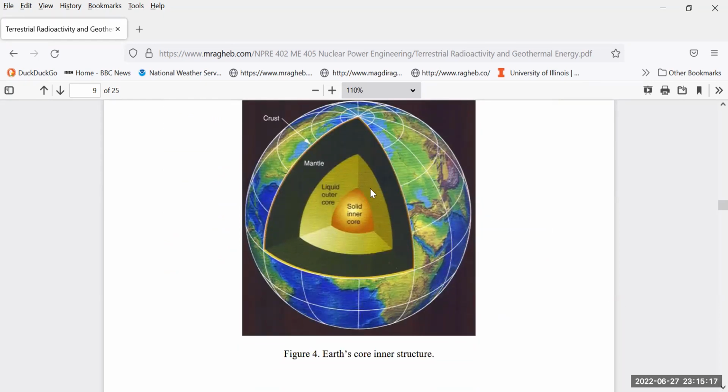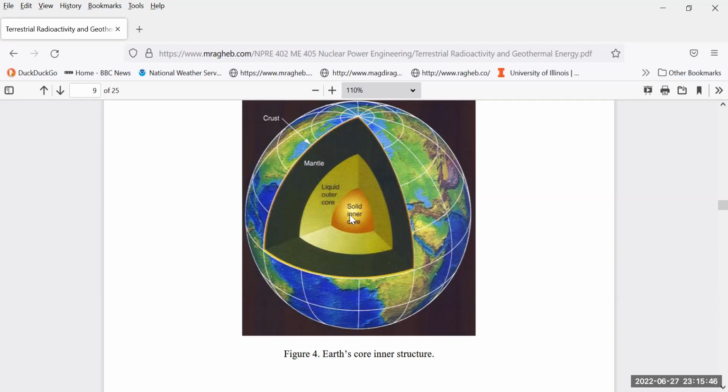To the best of our knowledge, the Earth has a solid inner core surrounded by a liquid outer core. That liquid comes in, of course, as far as we know, from that process of radioactivity, followed by a mantle and the crust. And the interesting aspect of it is that humans and all life on Earth basically live here on the crust.